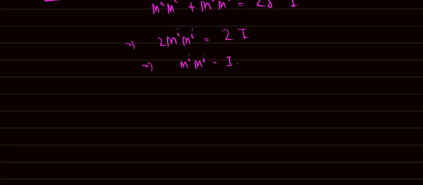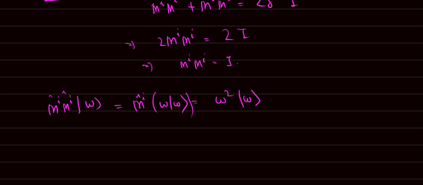Therefore if we apply this operator on any ket vector, as this is a Hermitian operator, we will find this, and finally M_i squared acting on omega.